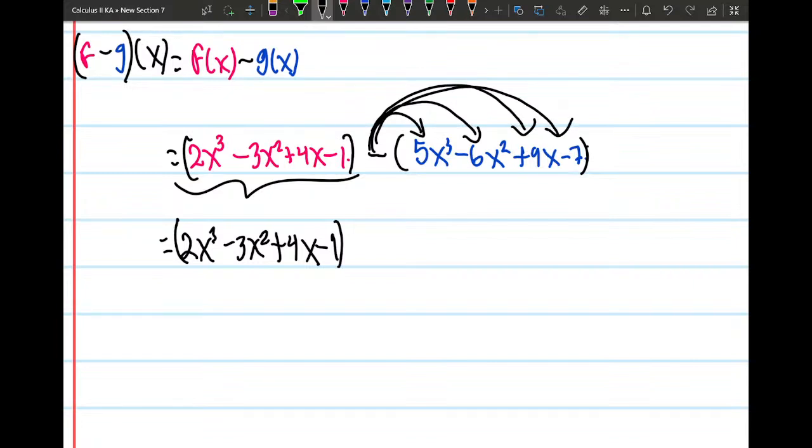So we're going to do minus 5x cubed. And actually, like I said, we can take off the parentheses for this one. But we're going to do minus 5x cubed, plus 6x squared, minus 9x, plus 7. So just note that the negative distributes there. And that's why it's like that, basically.